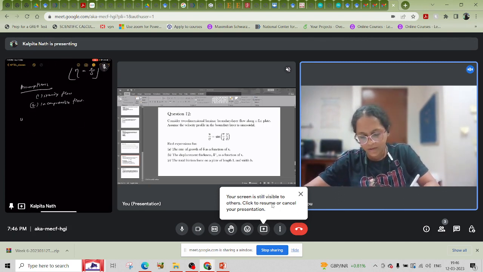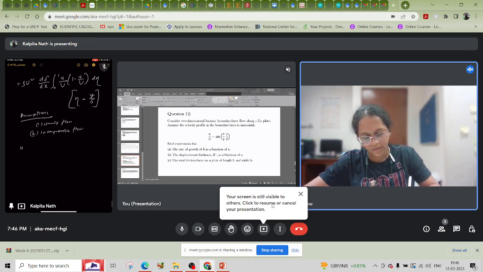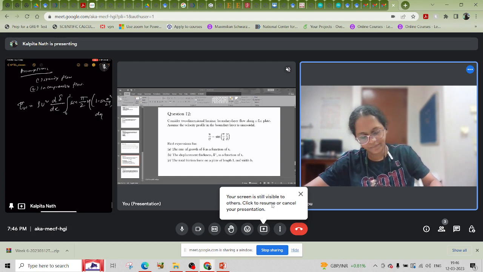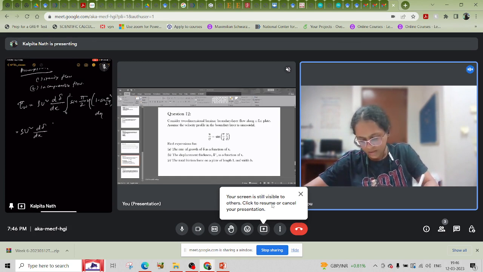Now substituting small u by capital U into the equation, tau w is equal to rho U square d delta by dx times the integral from 0 to 1 of sine pi by 2 eta into 1 minus sine pi by 2 eta d eta. That is rho U square d delta by dx times the integral of sine pi by 2 eta minus sine square pi by 2 eta d eta.